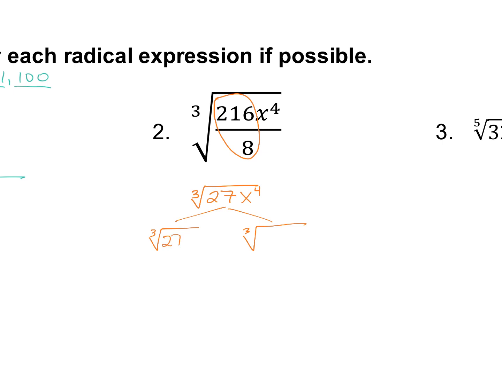So cube root of 27, this is technically a 1 on the other side. You don't need to write that in. This would be x to the 3rd to be able to divide by 3, which means you have 1x left over here. So simplify that. Cube root of 27x to the 3rd is going to be 3 times x, and then you still have the cube root of x over here. So this is your simplest answer.